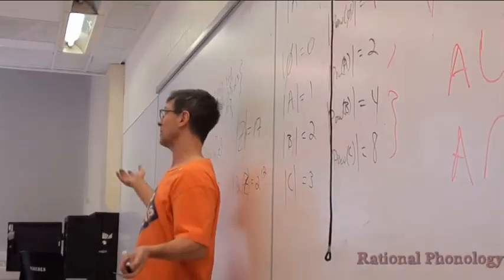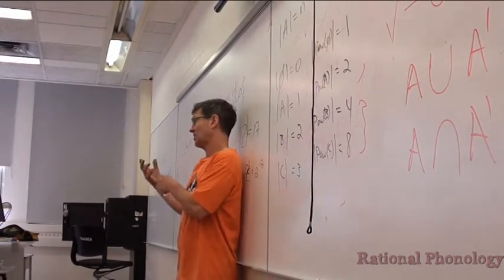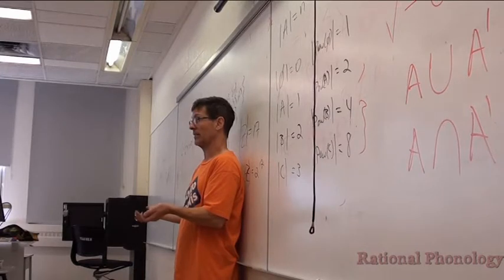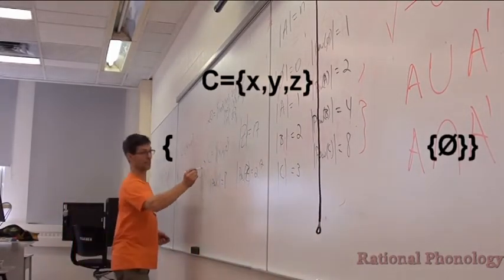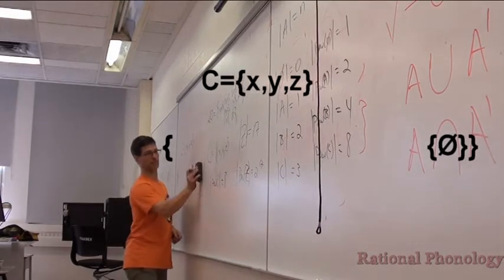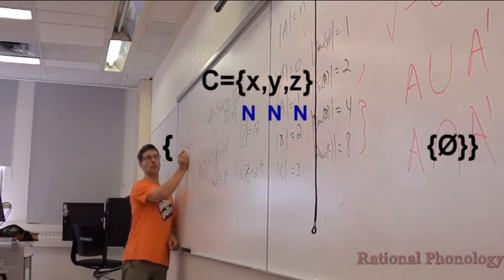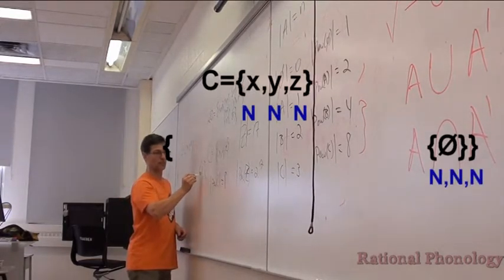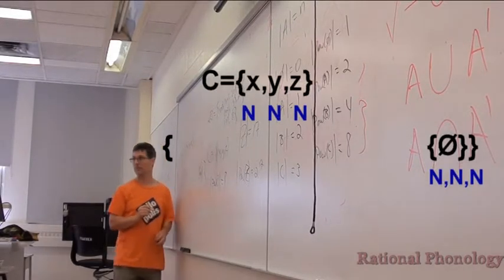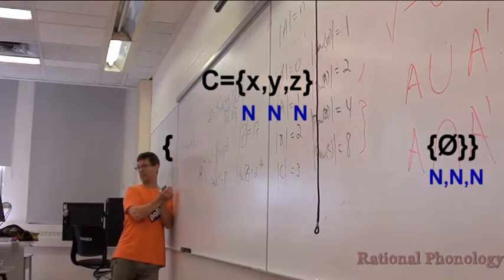You say, I'm making some subset. I got to look at the original members, and I got to decide if I want them in there or not. So if I want to get the empty set, I can think of it as saying, okay, what's in here? Nope, nope, nope. So I can think of this as no, no, no. And what's the biggest subset of C?